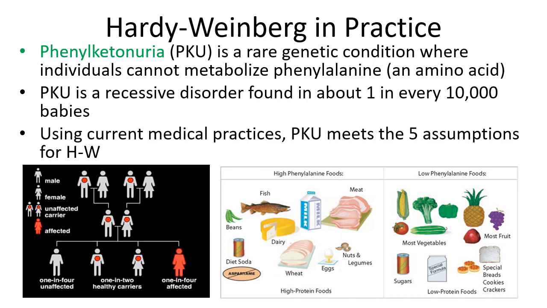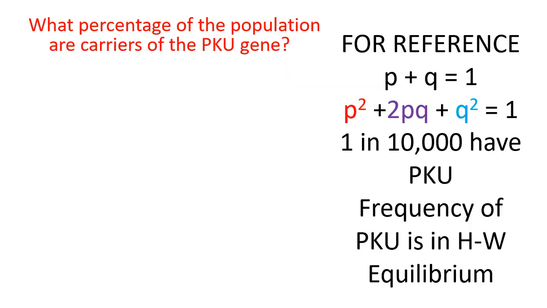So, using our current medical practices, we can assume that it meets the 5 assumptions for Hardy-Weinberg equilibrium. And so the question we can ask then, all right, well, what percentage of the population is the carrier of the gene? So to answer this question, we have to think, all right, well, what information over here?